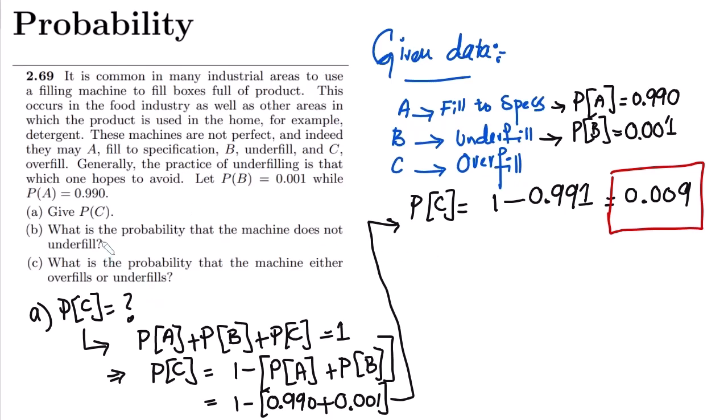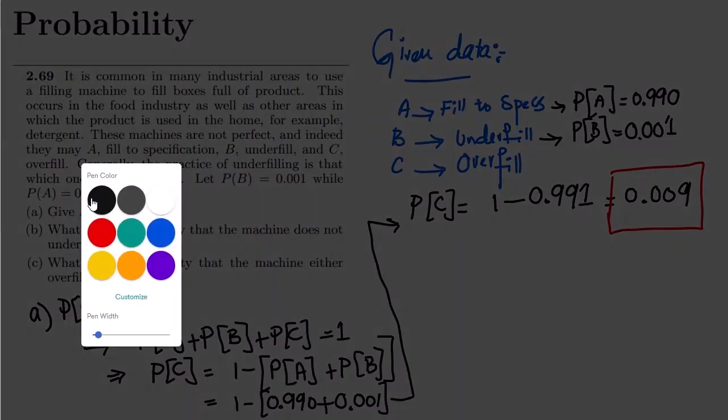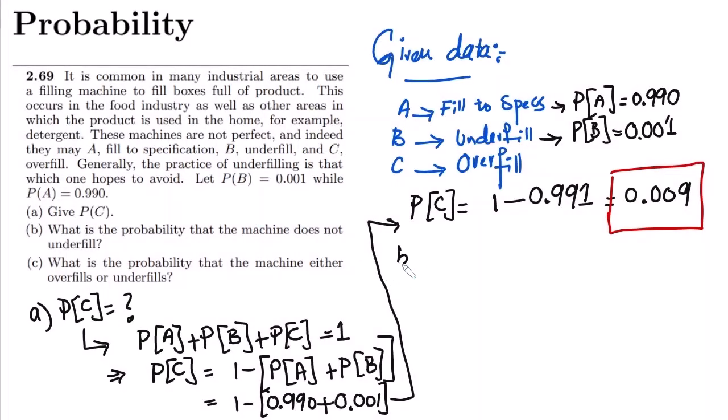Similarly, what is the probability that the machine does not underfill? In order to find the answer of part B, we have to find the probability that it doesn't underfill. The probability of underfilling is given, which is PB. So I want to find the probability of B complement.